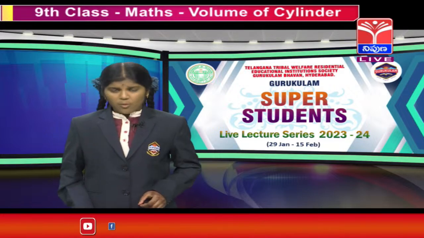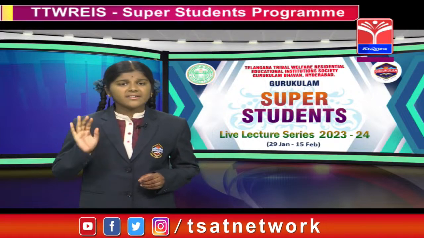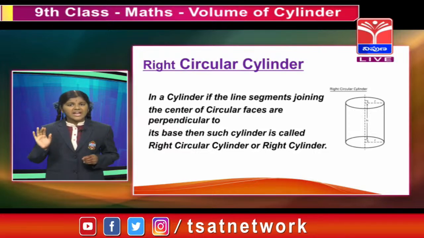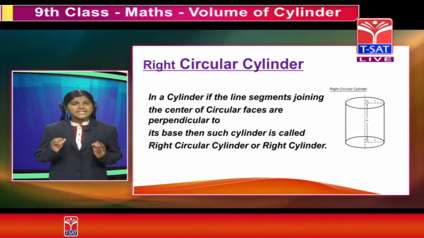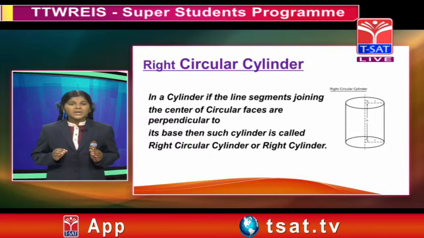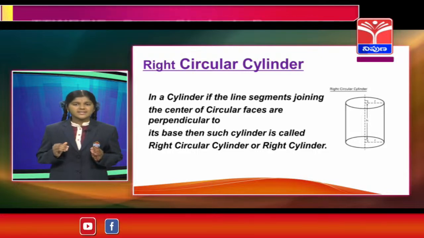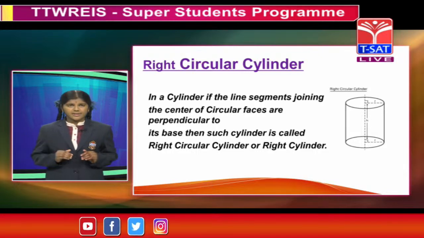What is meant by a right circular cylinder? In a cylinder, if the line segment joining the centers of the circular faces is perpendicular to its base, then such a cylinder is called a right circular cylinder or right cylinder.